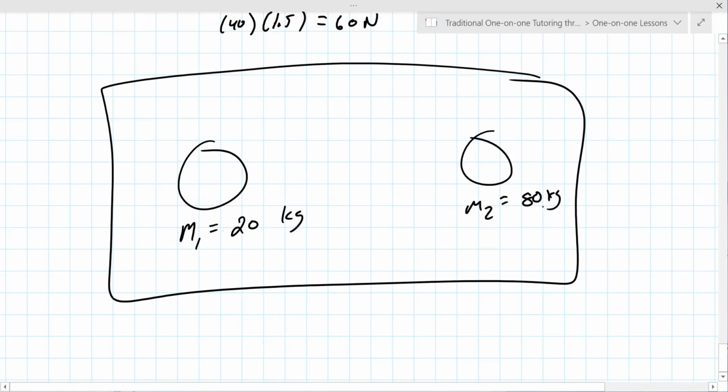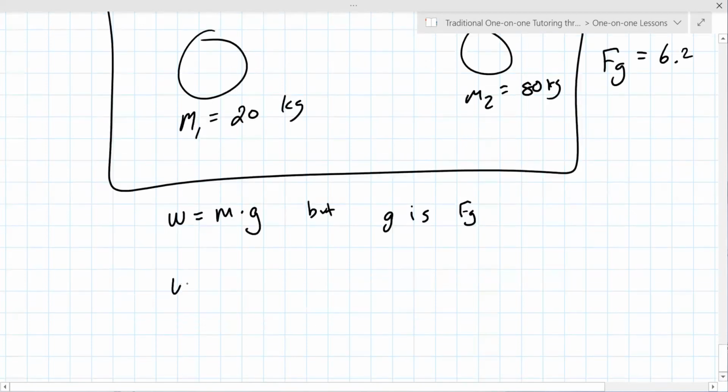You do all the calculations, and you find the force of gravity is 6, or maybe we'll go 6.2. It doesn't matter. Weight is always mass times gravity, but gravity is Fg. So weight is really mass times the force of gravity.